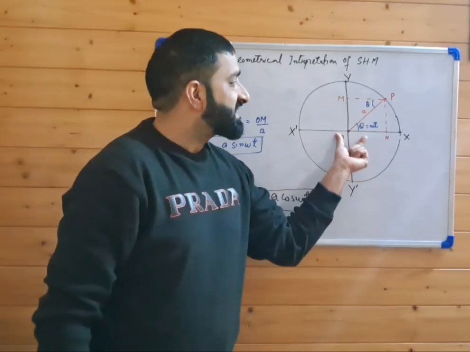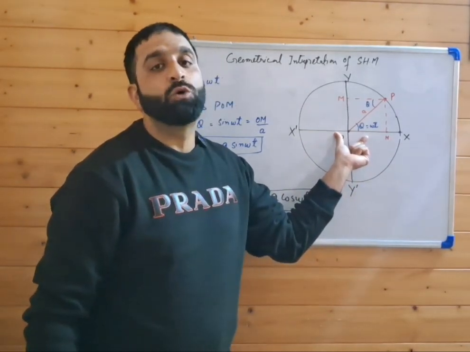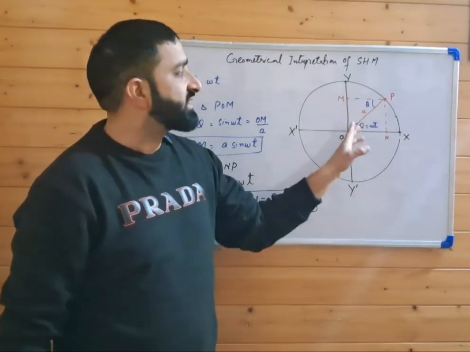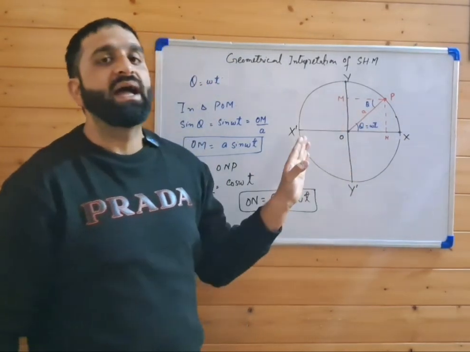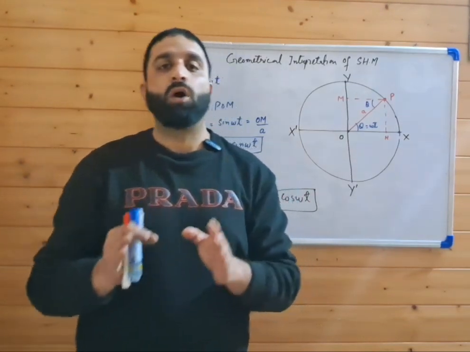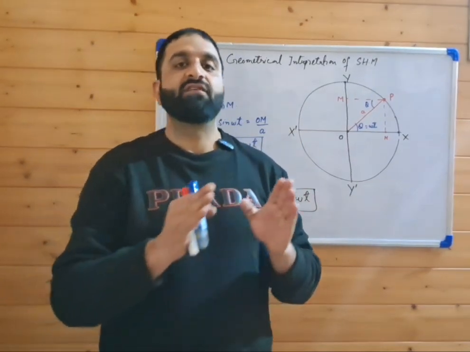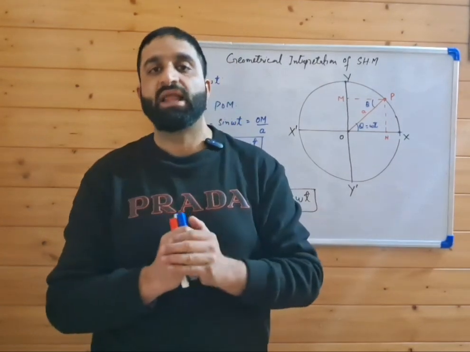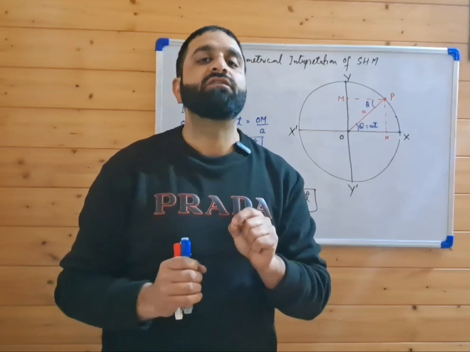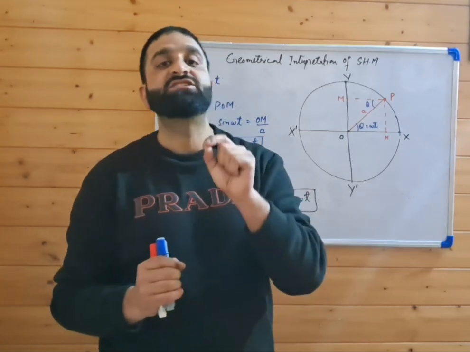But in this case, the particle starts its motion from the extreme position. In the earlier case, the particle's projection starts its motion from the mean position. That means when a body is having uniform circular motion, the projection of that body on any of its diameters executes SHM.